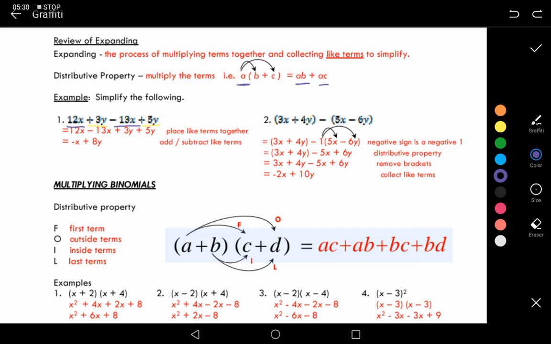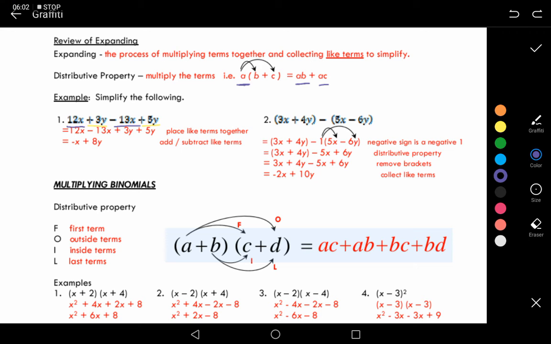And for the y's, 3 plus 5 gives me 8y. That's an example of just collecting your like terms. This next example involves both the expanding element and the simplifying element, so we are going to have to use that distributive property.